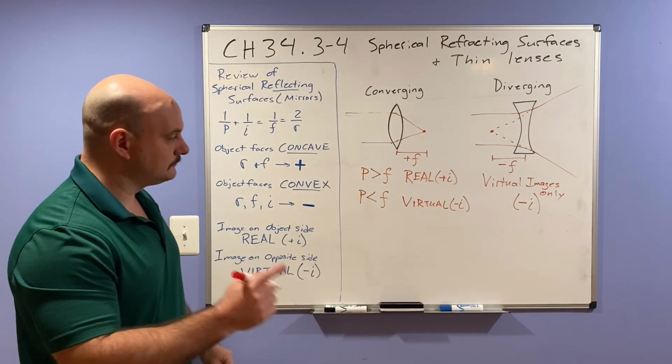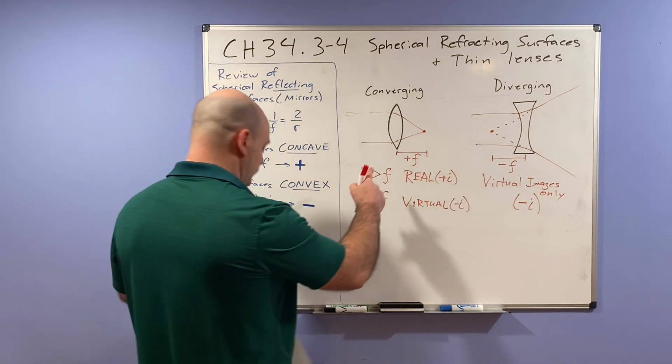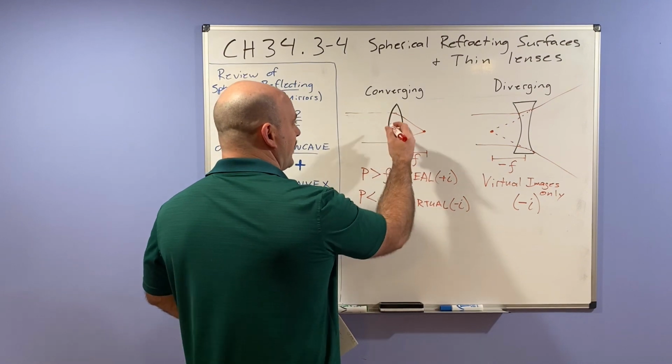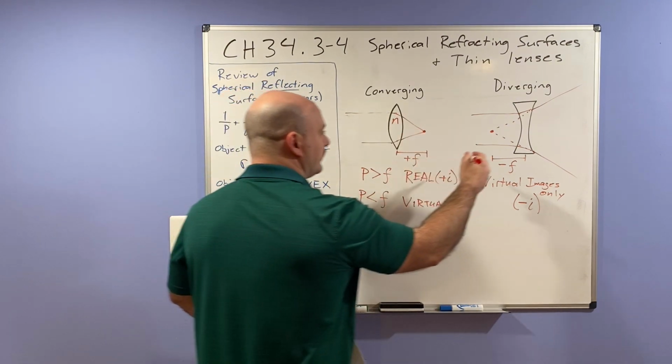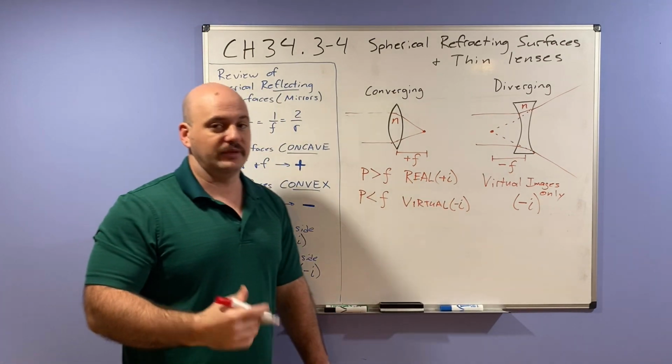Okay. Now, how do we calculate all this stuff? Well, there's the index of refraction of the lens itself, whatever it could be, glass, it could be plexiglass, plastic, whatever it is.